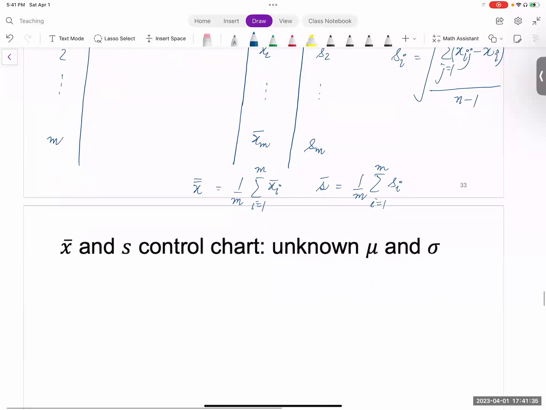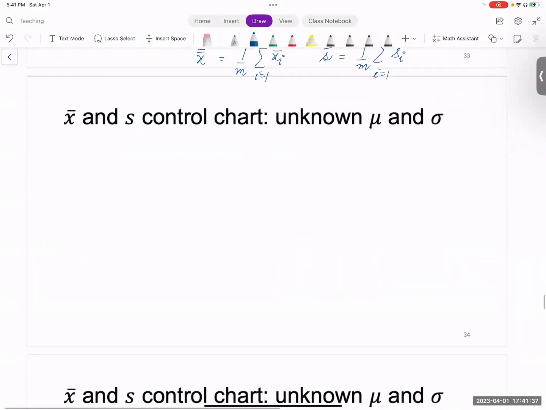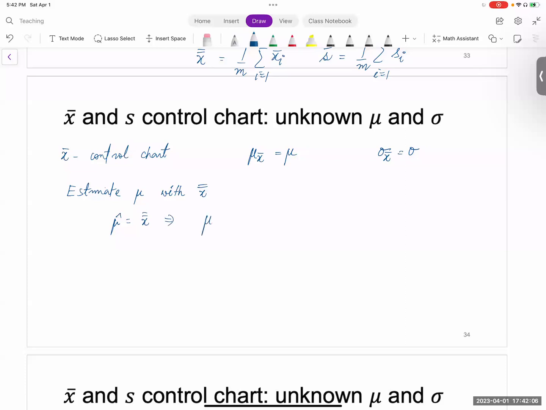Let's start by defining our X bar control chart. Again, we need mu of X bar, which is mu, and sigma of X bar, which is sigma. So we'll estimate mu with x double bar. So mu hat is equal to x double bar, which implies mu of X bar hat is x double bar.